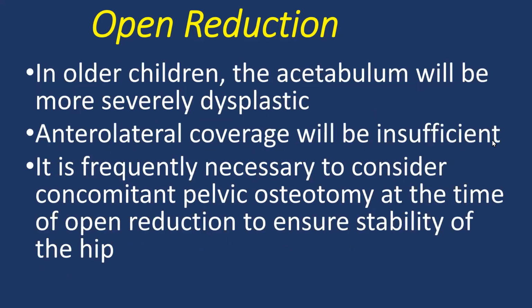In older children, the acetabulum will be more severely dysplastic. Anterolateral coverage will be insufficient. It is frequently necessary to consider concomitant pelvic osteotomy at the time of open reduction to ensure stability of the hip.